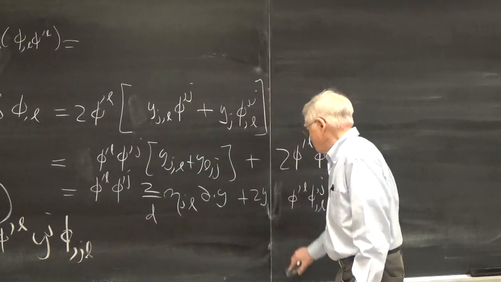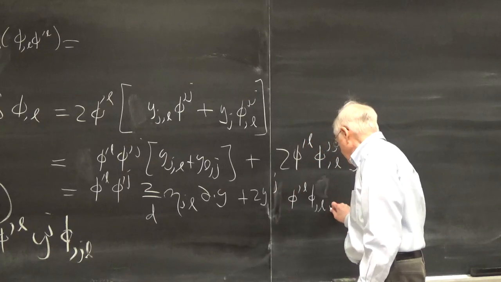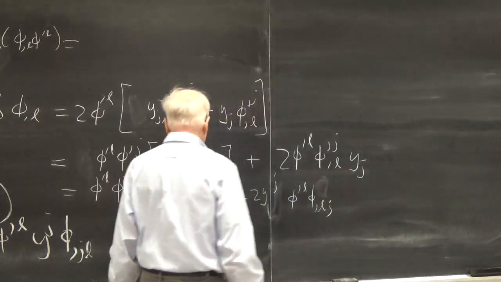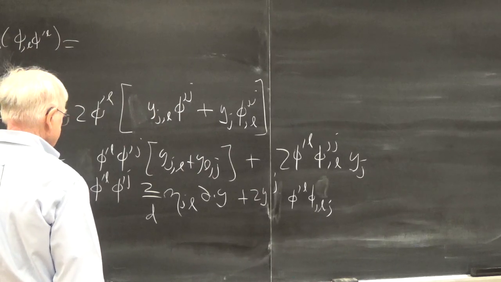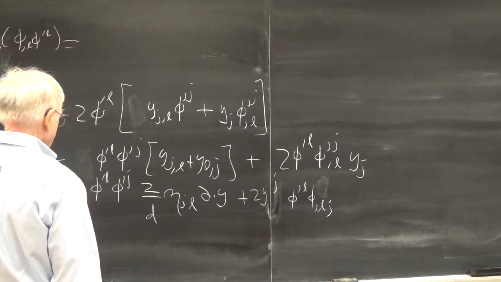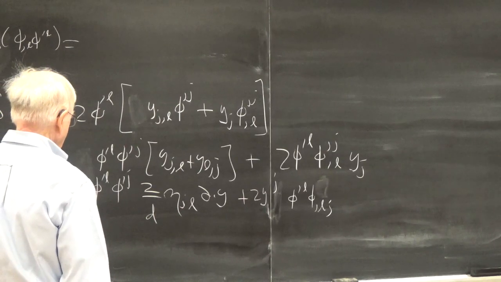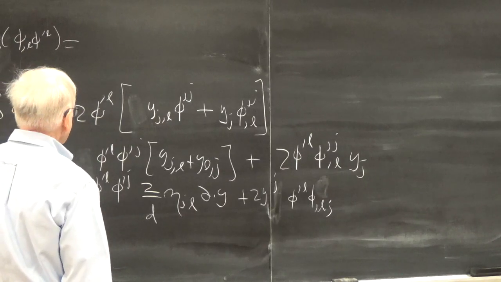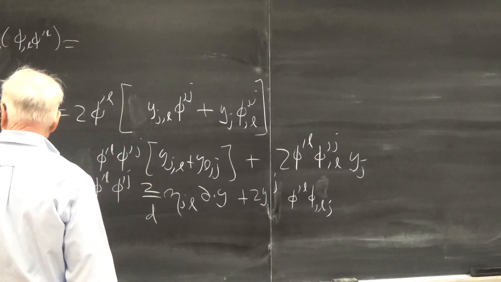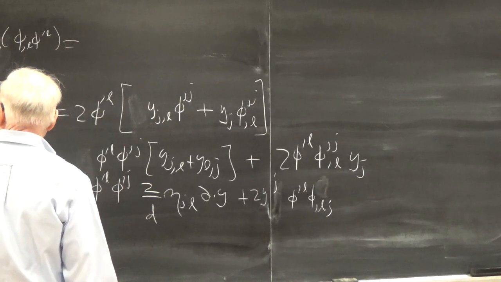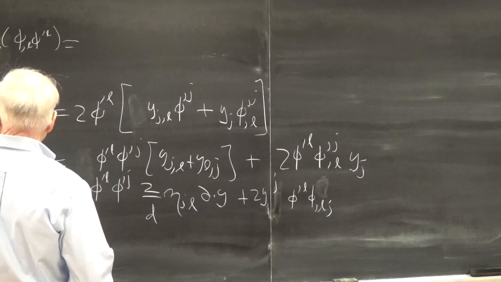Let me raise this J and lower this J. Now, can we write this as a divergence somehow? Well, one thing that's problematic here is... Yeah, Kevin.